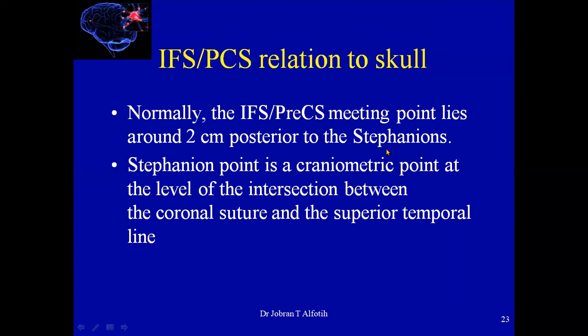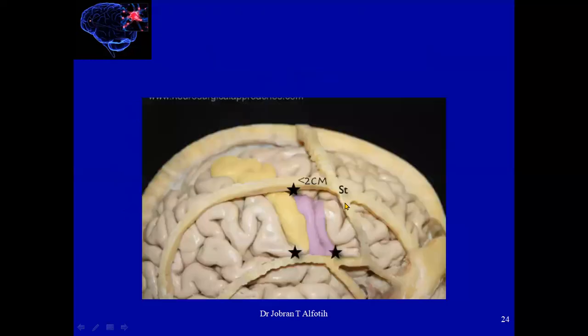Behind this Stephanion, 2 centimeters, we will find the meeting point of IFS and precentral sulcus. As we see here, the Stephanion is the meeting point between the coronal suture and the superior temporal line. Behind it, 2.3 centimeters, we will find the meeting point of IFS and precentral sulcus.